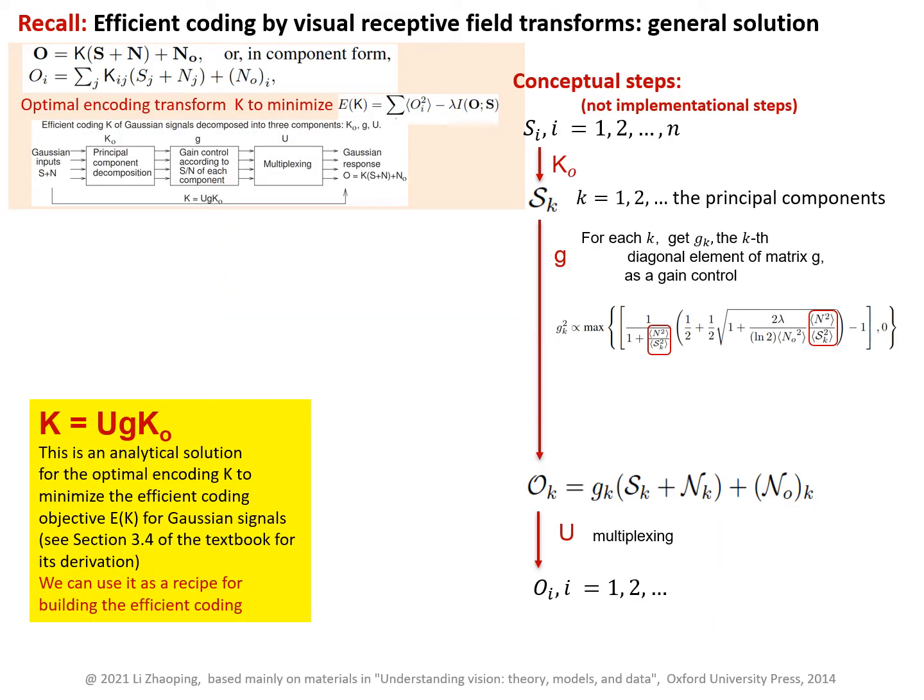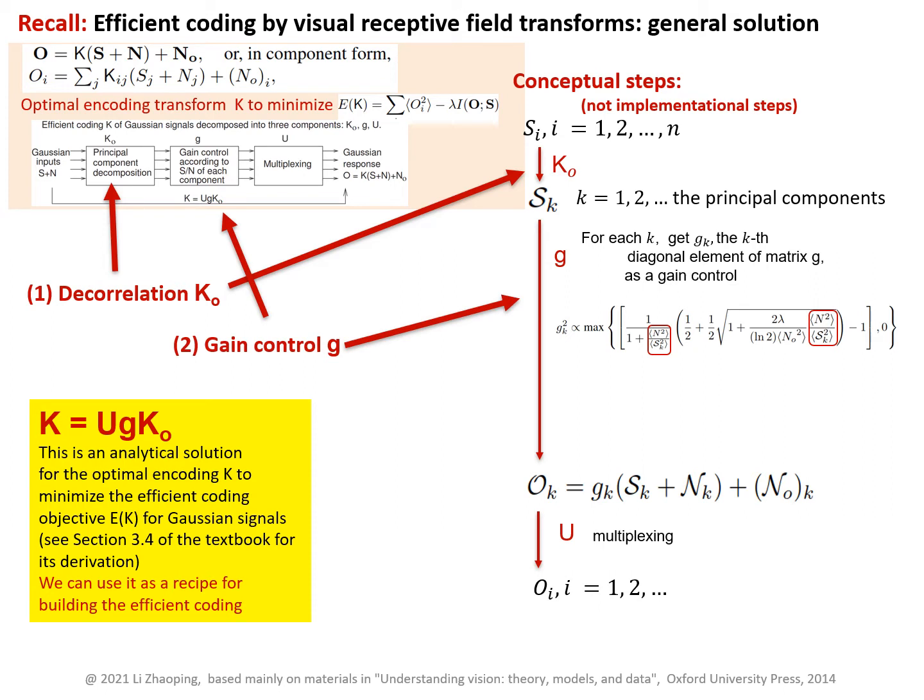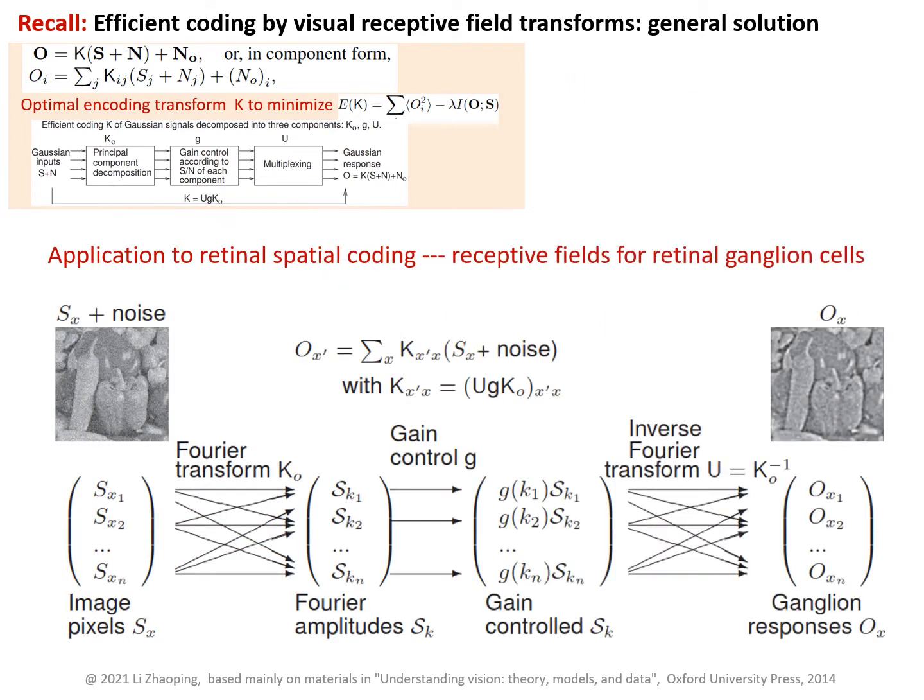We again apply our recipe so that the efficient transform K has three components: decorrelation, gain control, and multiplexing. We now show that for retinal spatial coding, decorrelation is a Fourier transform of the spatial image to its Fourier components.